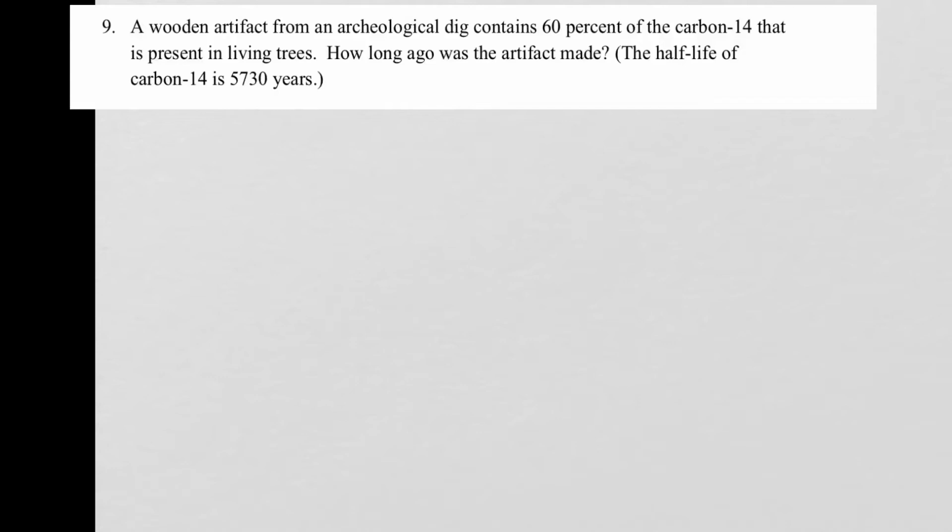Okay, so how do we start this problem? Well, we know in general that our exponential decay equation is f of t equals a b to the t. And we're given the half-life, so that should allow us to find b.